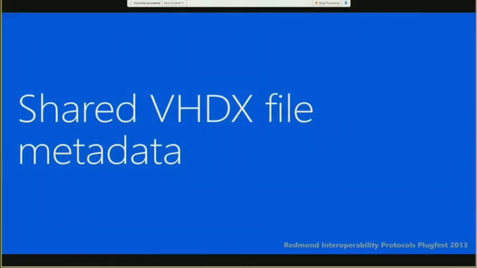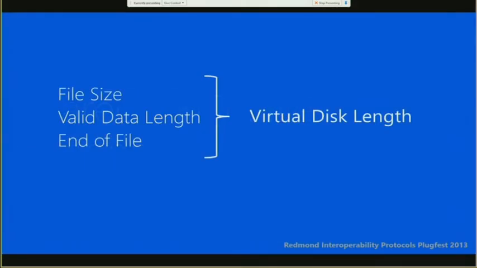Okay, so I've mentioned file metadata a few times here. I just want to point out a few more things about it. We virtualize some of the file metadata based on the virtual disk itself. So if you query file information, the file size, the valid data length, and the end of file will all be the size of the virtual disk. So for a 64 terabyte virtual disk, all these will return 64 terabytes, even if that disk is taking up 5 megabytes on the underlying storage.